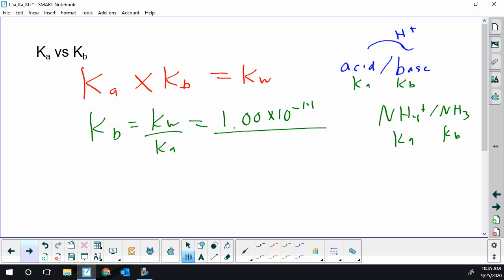The Ka in the table is 1.8 times 10 to the minus 5.